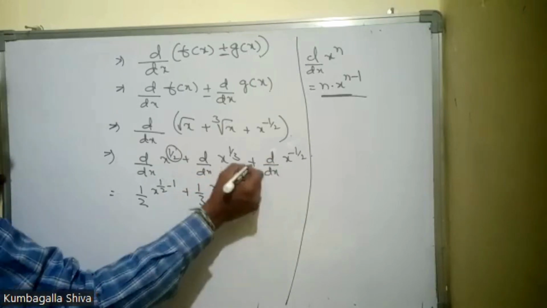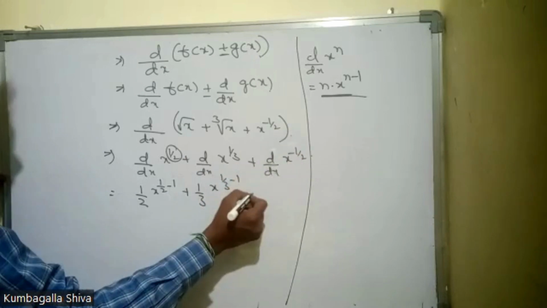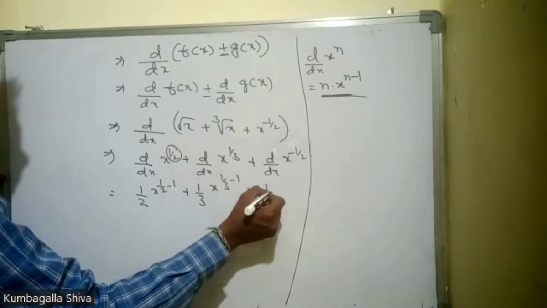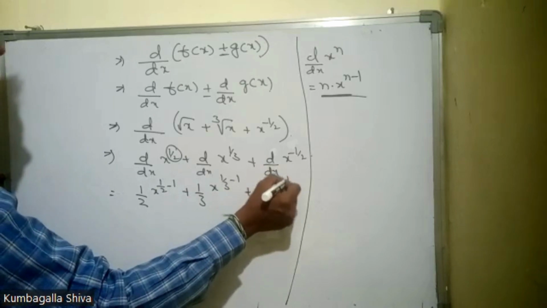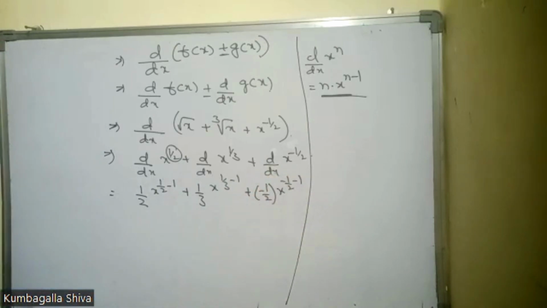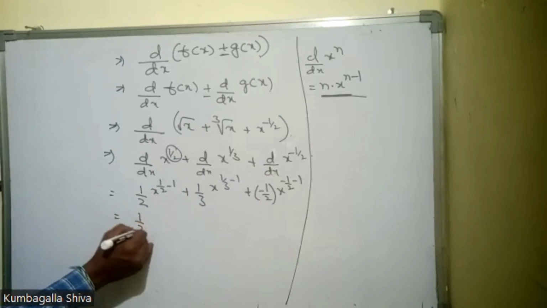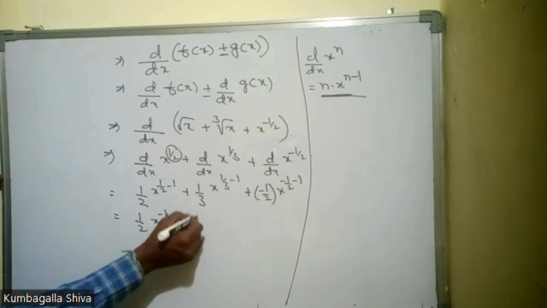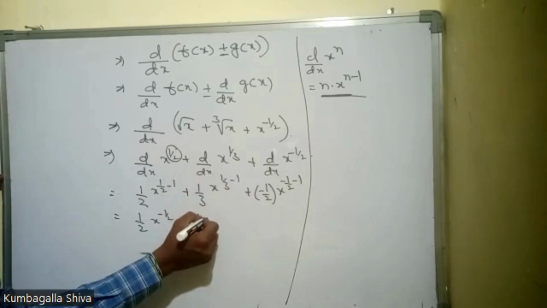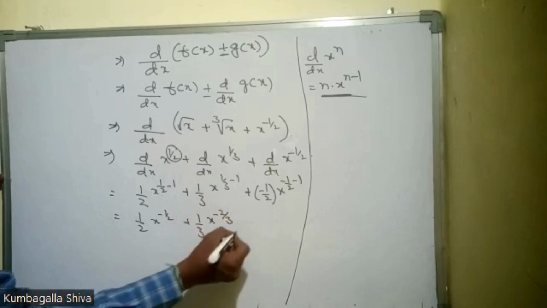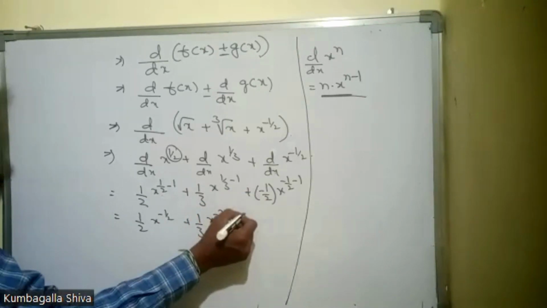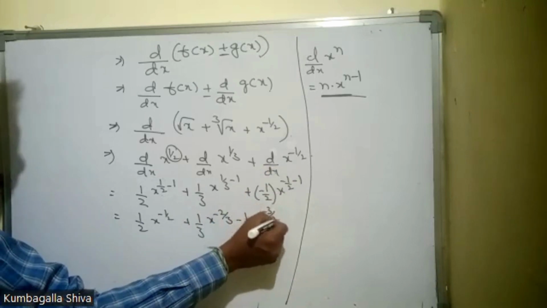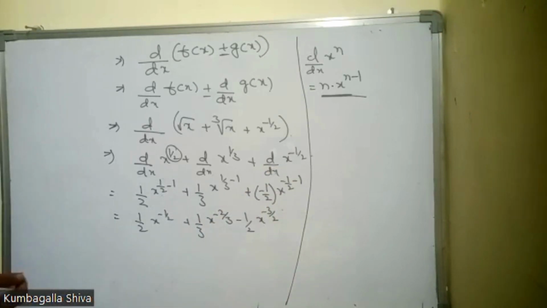And here plus d by dx of x power minus 1 by 2, that is minus 1 by 2 into x power minus 1 by 2 minus 1. You get here 1 by 2 x power 1 by 2 minus 1, what? x power minus 1 by 2. Then 1 by 3 x power minus 2 by 3. And here plus minus 1 by 2 x power minus 3 by 2. This is your answer. Are you clear?